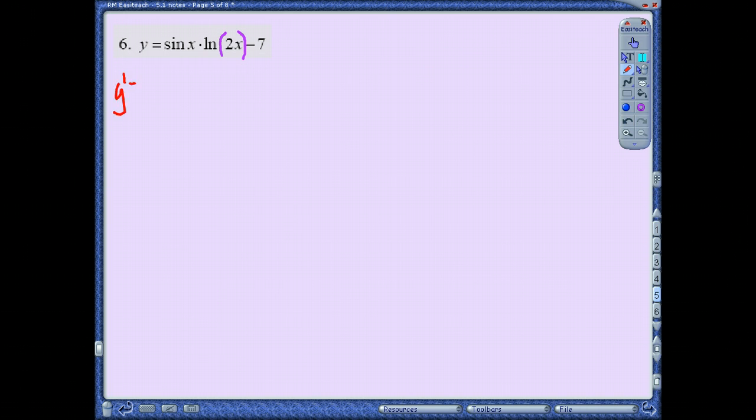So here we go. We're going to take the derivative of the first times the second as is, plus the derivative of the second times the first as is. All right, let's see if I can keep track of my pins here. So the derivative of sine is cosine of x, times the second as is, don't change a thing, plus the derivative of the second, which would be 1 over what I'm taking the log of, times the derivative of what I'm taking the log of, and I'll simplify that all in the next step.